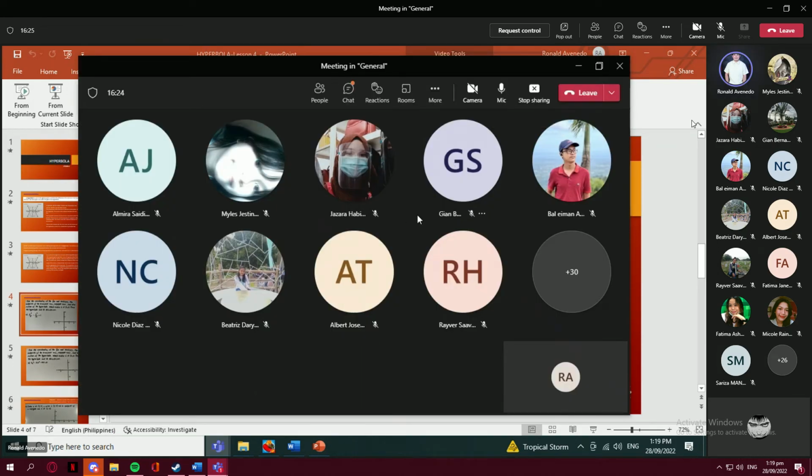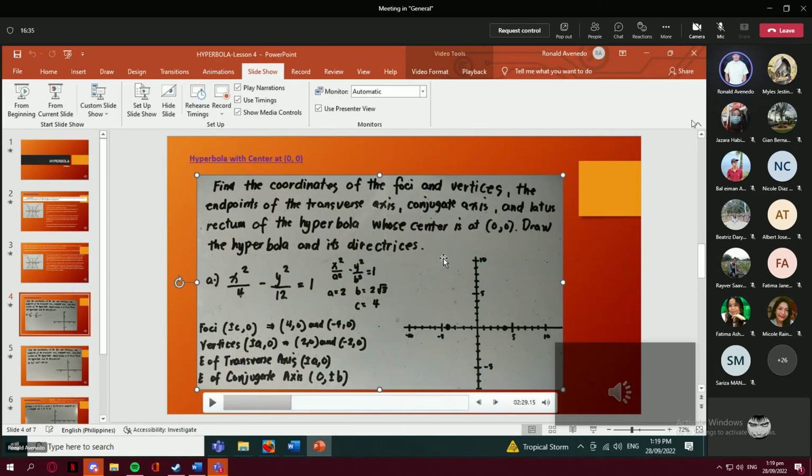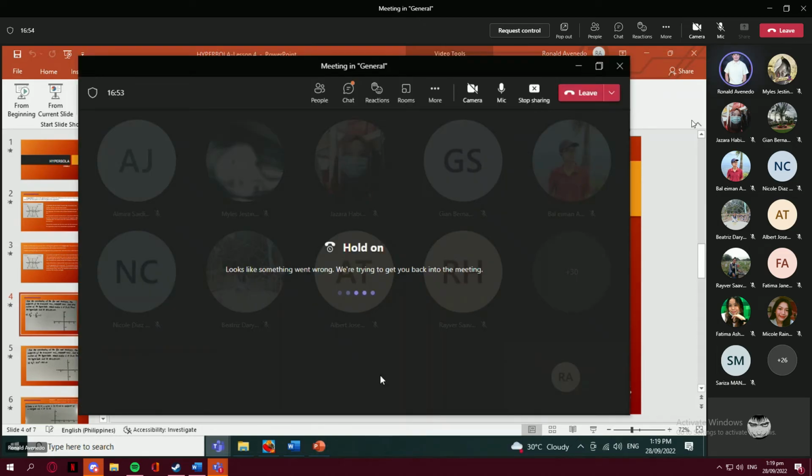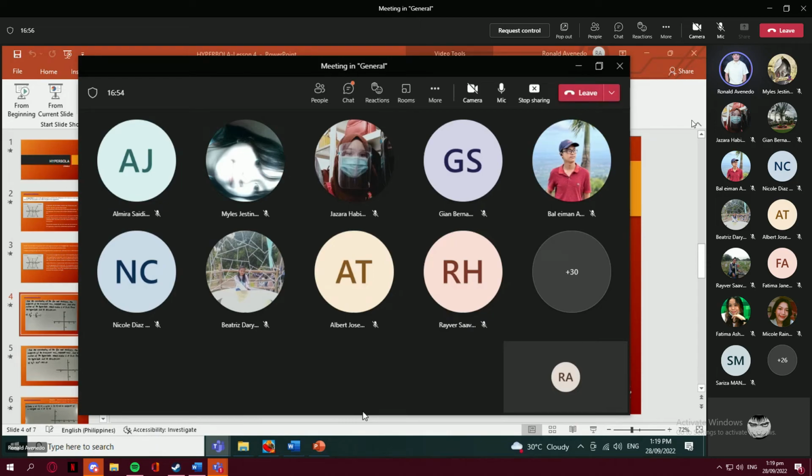My mic was turned off. What I said earlier was that while solving, or before you're going to solve, draw or prepare the Cartesian plane right away.